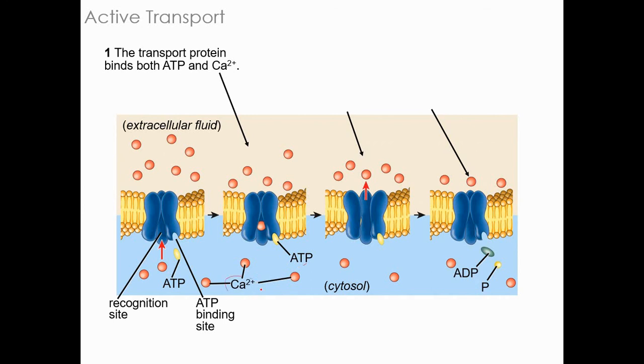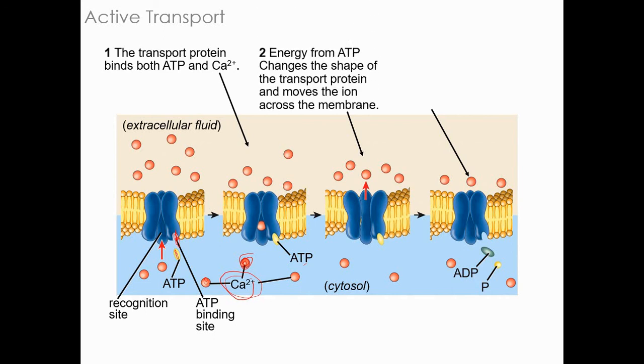The calcium is what we want to transport, these pink circles. So, the transport protein will bind to ATP here, and then the calcium will also bind to the transport protein.